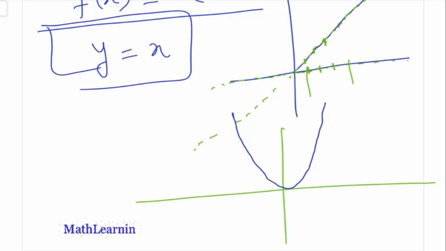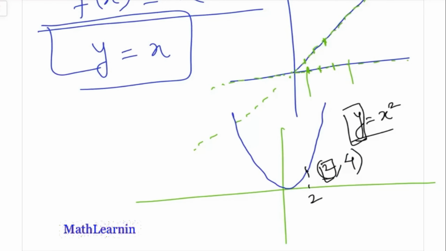Let's say it is a y is equal to x square type of parabola. Now suppose I take this point 2. X coordinate is 2. What will be the y coordinate then? 4, right? Just putting x is equal to 2, you will get the value of y. So 2 square, that is 4. Now similarly take this. This will be the minus 2 point. And now x is equal to minus 2. What are we getting?